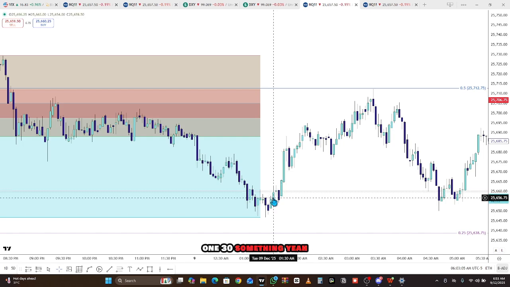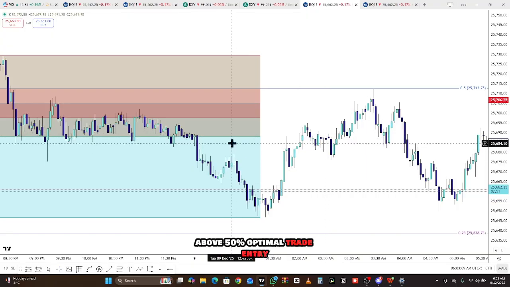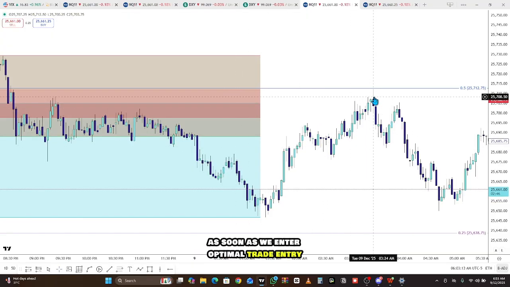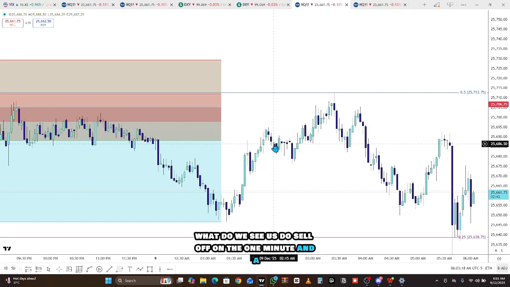1:30 something, yeah, right here at 1:30 we begin to move all the way back to above 50%, optimal trade entry. As soon as we enter optimal trade entry, what do we see us do? Sell off on the 1 minute.